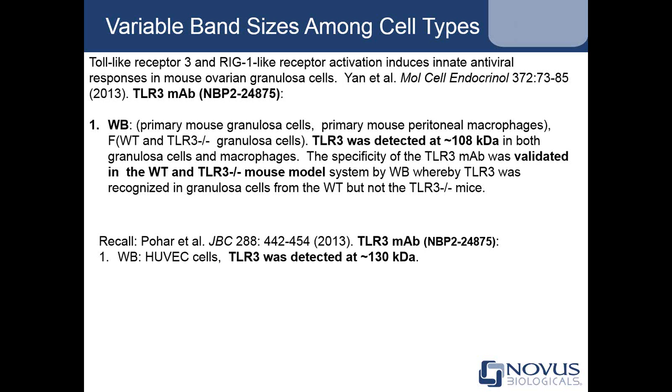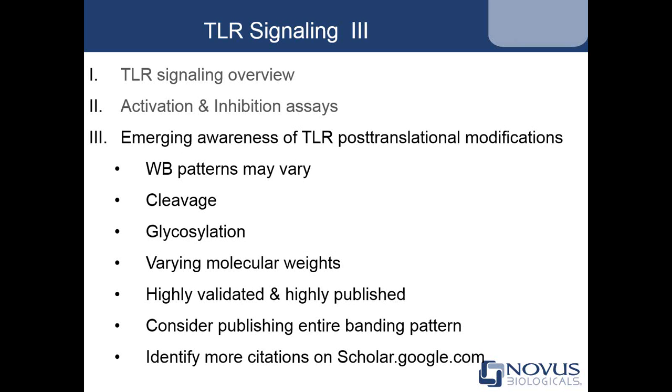So we're really just beginning to have awareness of TLR3, TLR4, and TLR9 post-translational modifications, as well as other TLRs. And I've just compiled some information from our own observations, from those of our customers who write and ask us about banding patterns, as well as the literature. TLR banding patterns may vary in Western blots. You may see cleavage, glycosylation, varying molecular weights.